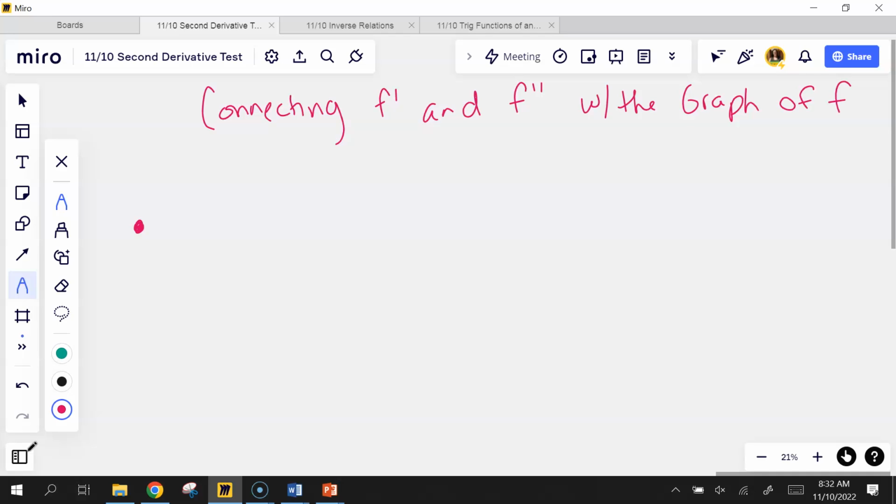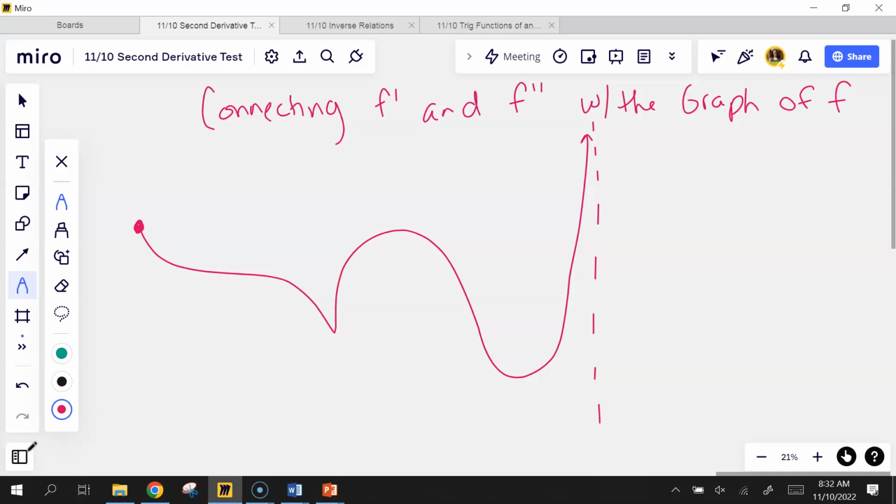All right, let's see. I'm going to draw this the way I have it in my notes.